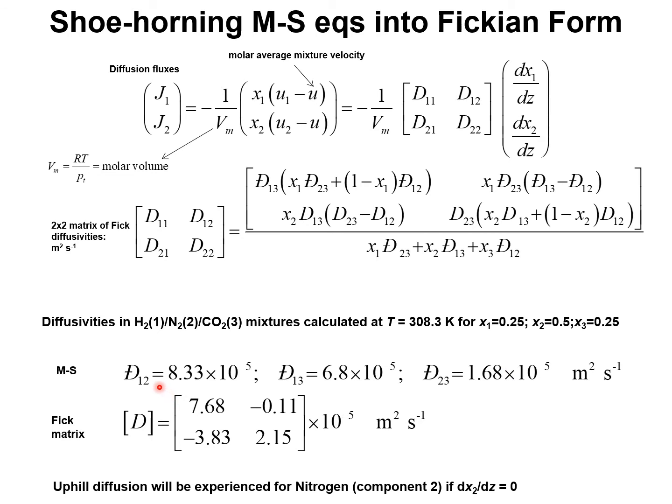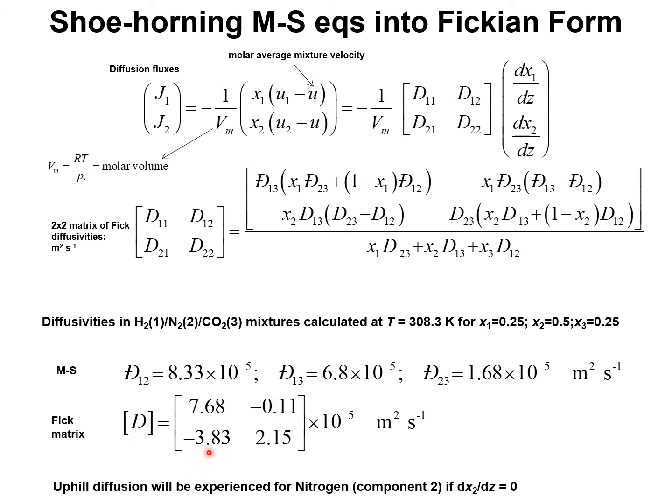We note that these diffusivity values are significantly higher than the diffusivity for the nitrogen-CO2 pair because hydrogen is the smallest of the three guest molecules. Using this expression, we can calculate the matrix of the Fick diffusivities as follows.